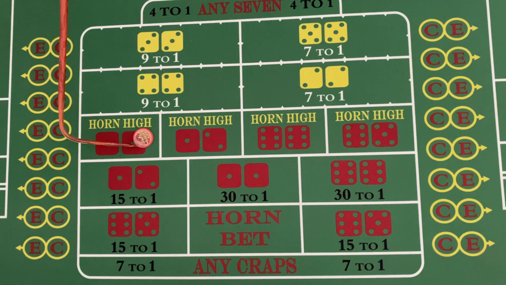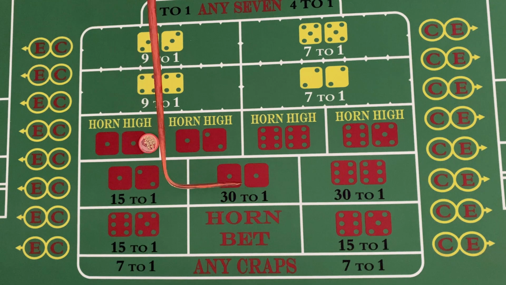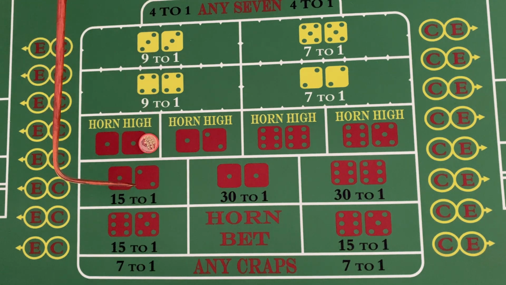Again, a horn bet is 4 bets in ones. It costs $4 to do it. But if you simply put down a red chip and say horn high aces in this case, you're representing where the extra $2 go. So effectively you have $2 on 2, $1 on 3, $1 on 11, and $1 on 12.